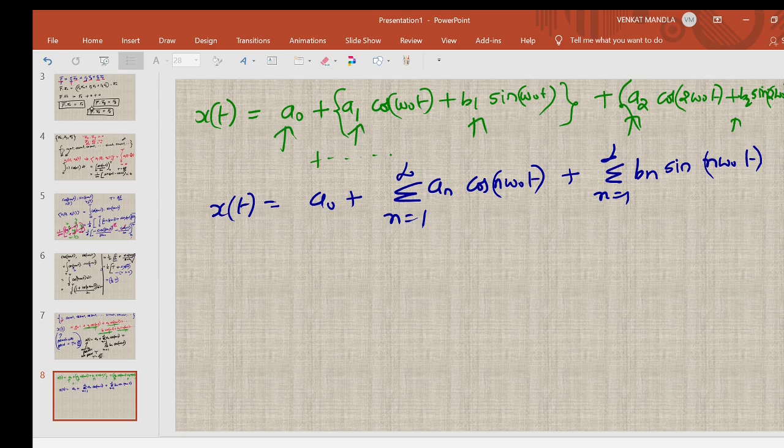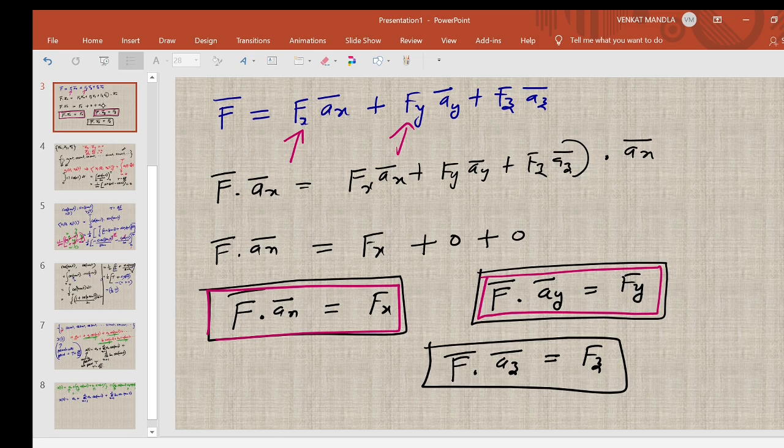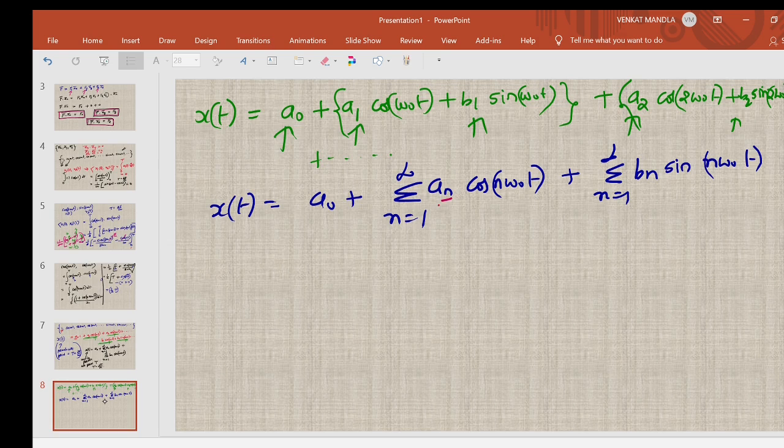I have already explained that to find fx, we did the dot product with ax bar. To find fy, we did the dot product with ay bar. To find fz, we did the dot product with az bar. Similarly here, to find a naught, an and bn, I will do their dot product here.